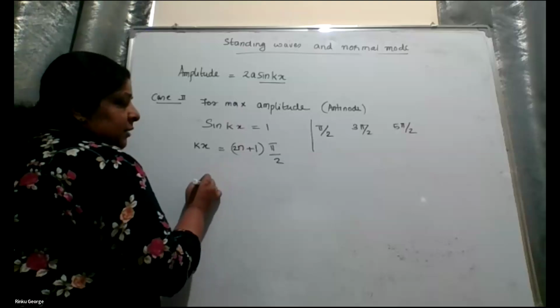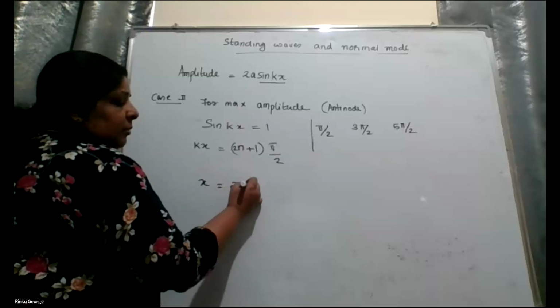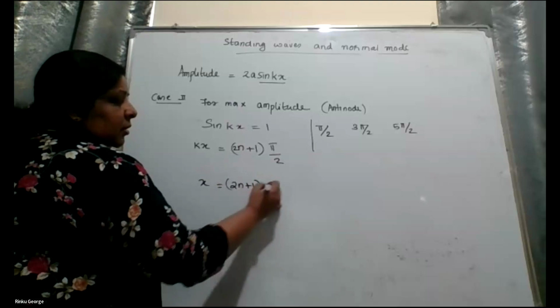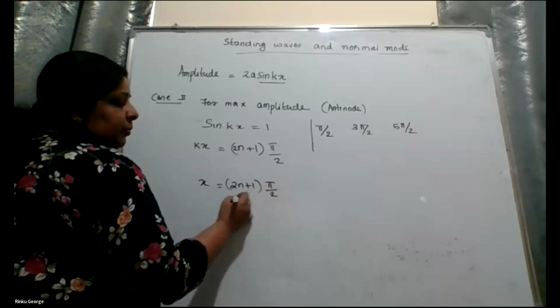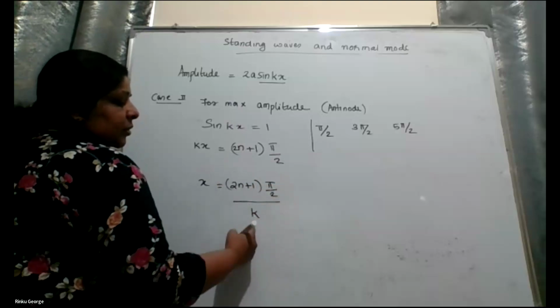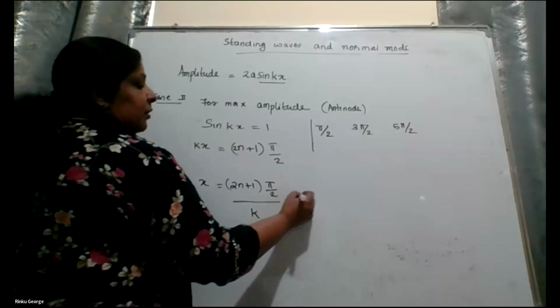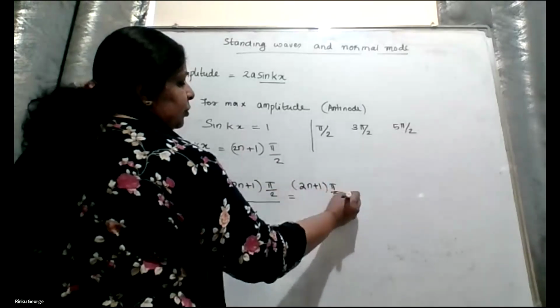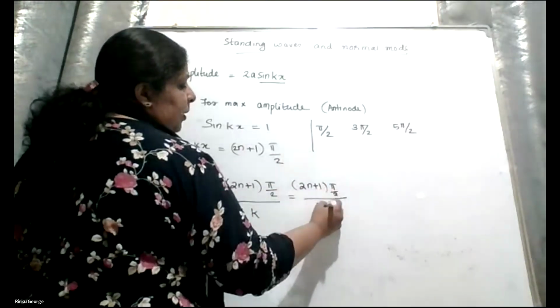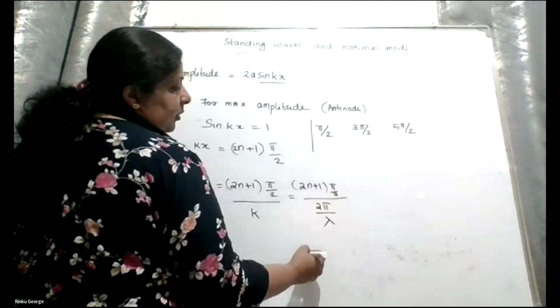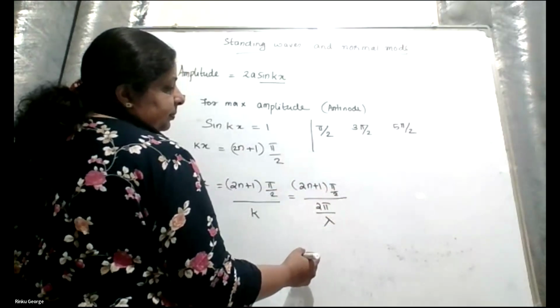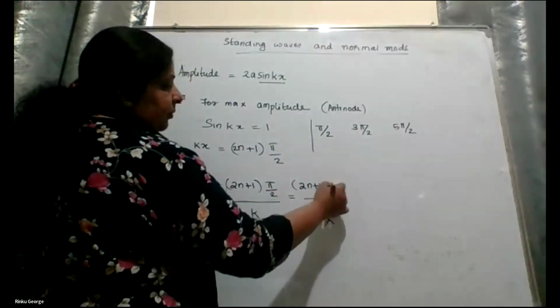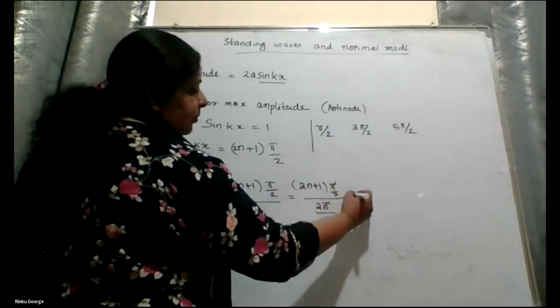From here, you have to find x. X is equal to 2n plus 1 pi by 2 by k. K is 2 pi by lambda, so 2n plus 1 pi by 2 by 2 pi by lambda. Pi cancels, and lambda by 4 will come.